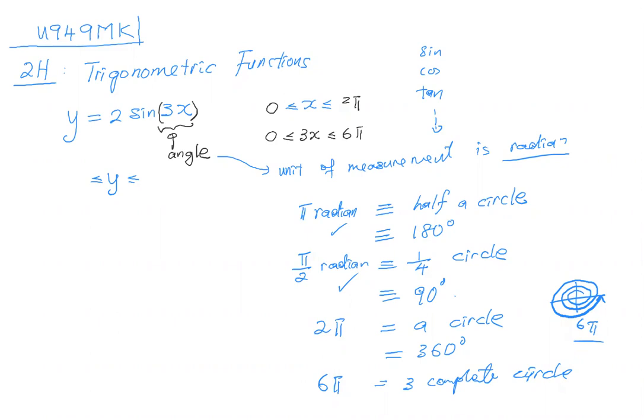Can everyone try to sketch the graph of y equal to 2 sin 3x using your GC? Can you please? And tell me what is the maximum value for y and what is the minimum value for y? Without doing differentiation.